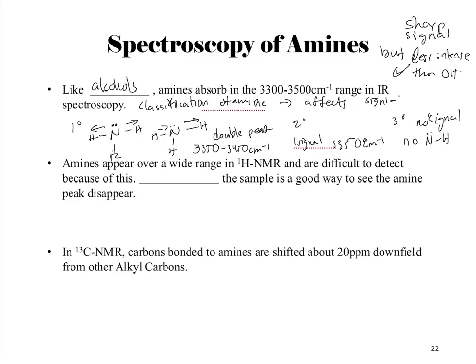If you have an amine, you can identify it by deuterating the sample, which means just replacing hydrogen with deuterium, which is an isotope of hydrogen, and then the peak in the proton NMR will disappear. The amine peak disappears.